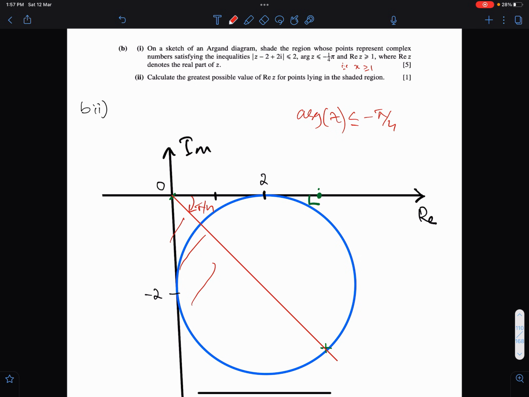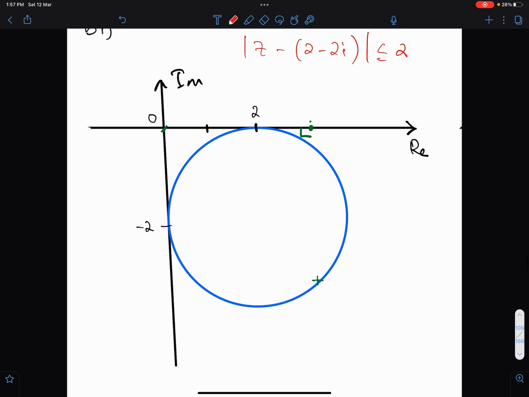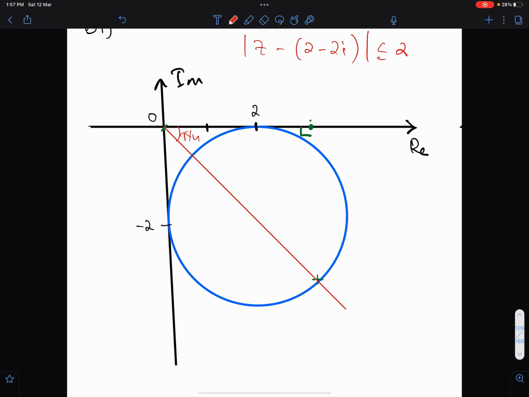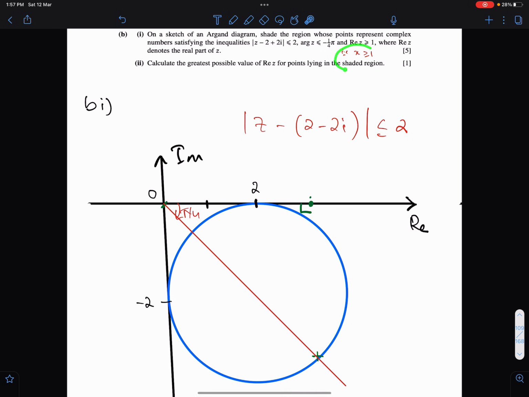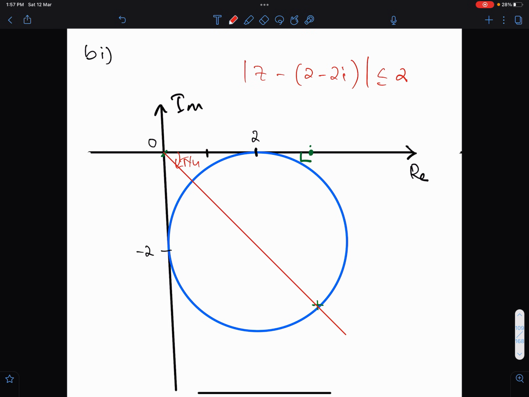And third inequality is, let me sketch this here. This is the second inequality, pi by 4 angle, and this is the third inequality, x greater or equal to 1. So this should be here. This is 1.